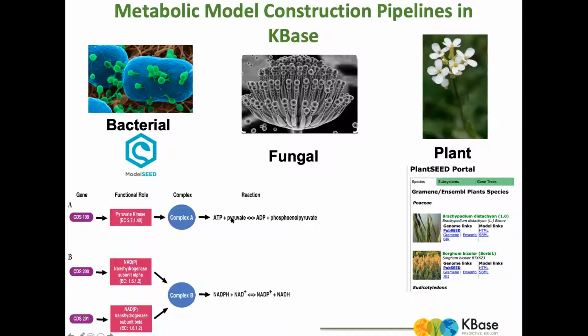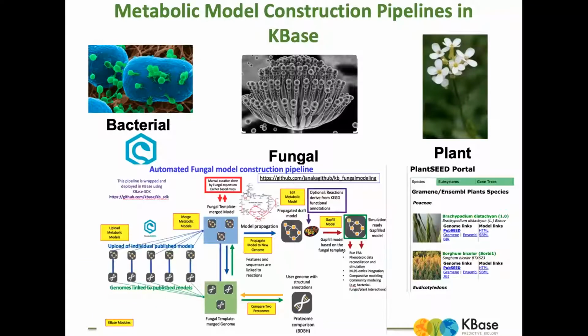In addition to that, recently we added other ontologies in addition to RAST annotations, like EC numbers, like KOs, like GO terms, so that we could build metabolic models from these annotations in KBase.